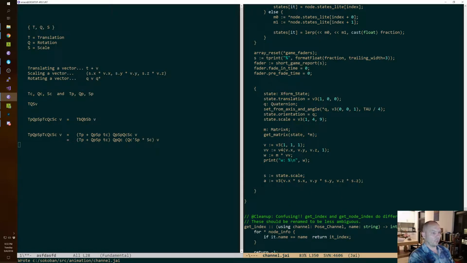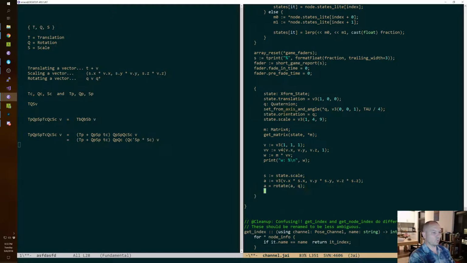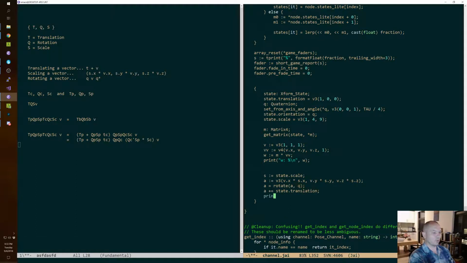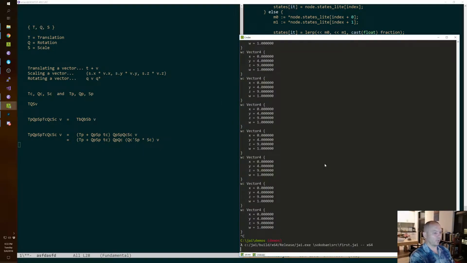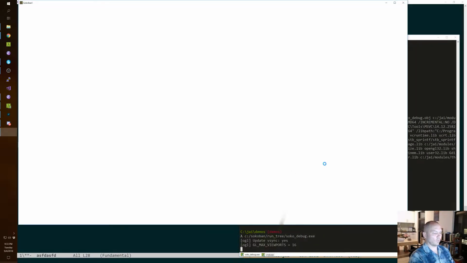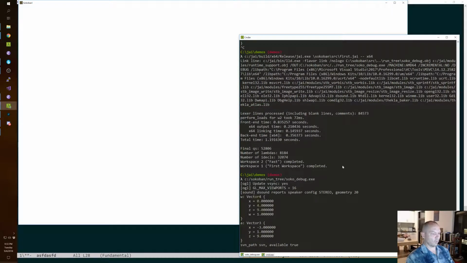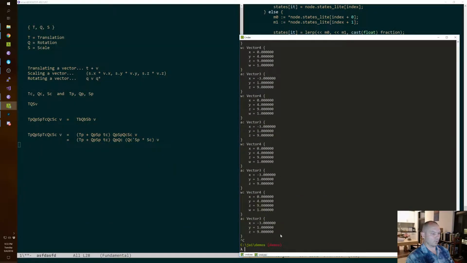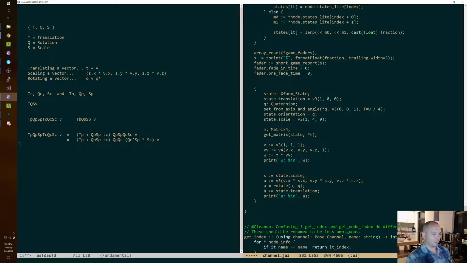So we're going to scale first and then rotate A by Q and then A plus equals state dot translation. So either that comes out the same or it doesn't. So that is not the same. So that's a scaling and then rotating and then translating.